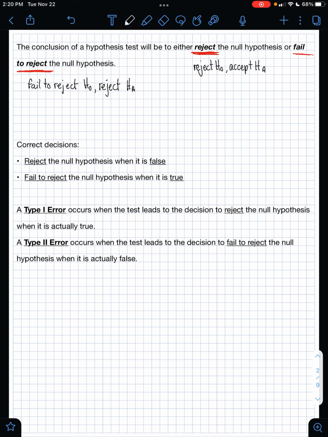But that definitive statement, reject the null hypothesis, is a definitive statement. So we want to be sure that if we're making that decision, it's a correct decision, if at all possible. So we're going to focus on the type 1 error and minimizing the chance of making that mistake.